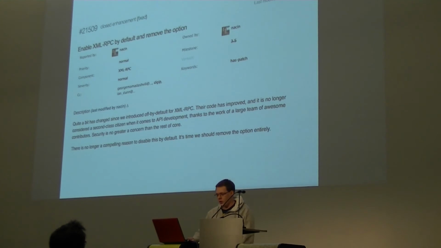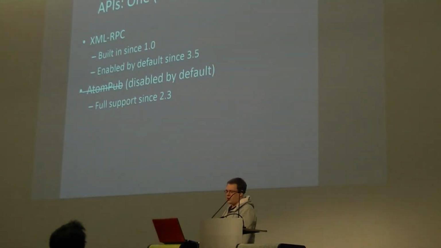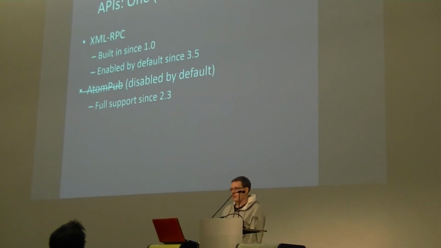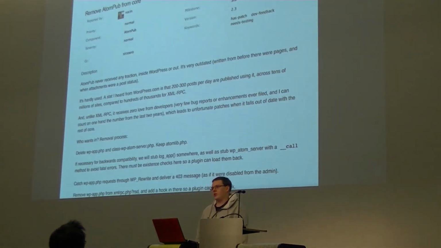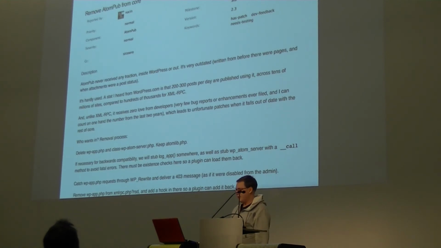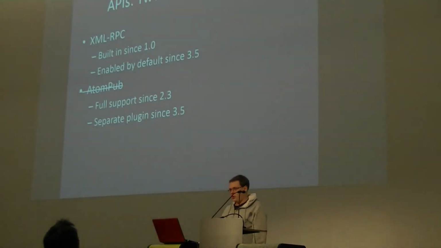So now we're at a point where we've got one good choice, because it's there, and we've got half a choice in AtomPub, because that's still a little bit out of date. Then 3.5 also decided to remove AtomPub completely and put it out into a plugin. So now we've got 2 choices.